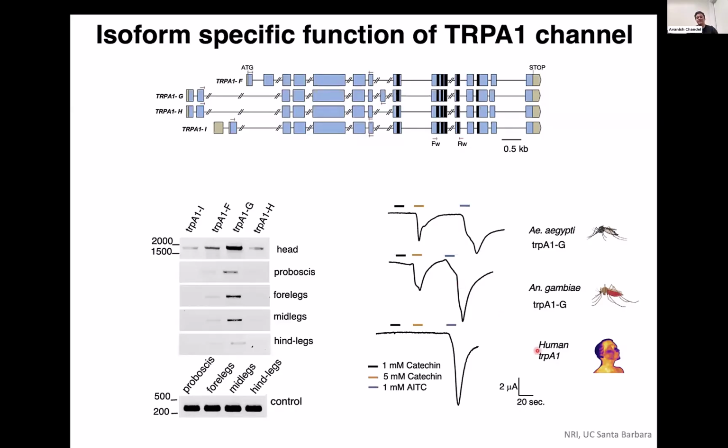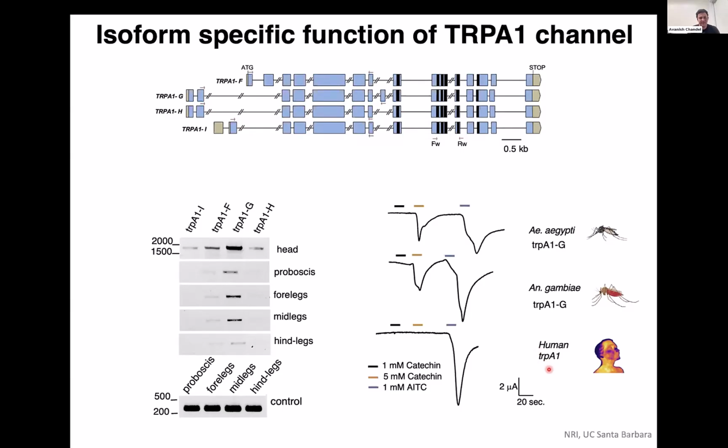Now, another interesting thing to test, and the obvious choice, is human TRPA1, because if human TRPA1 is also activated by catechin, this chemical will be an irritant to human skin, and there is no way to use it as a possible future repellent, because any possible repellent should not activate human TRPA1, otherwise it will be a natural irritant to human skin.